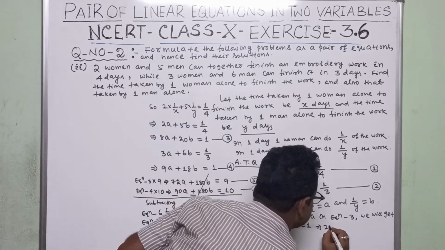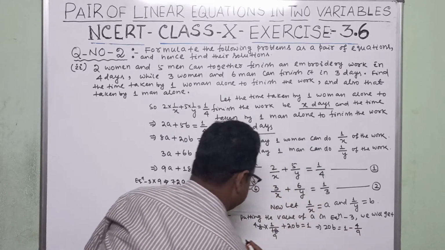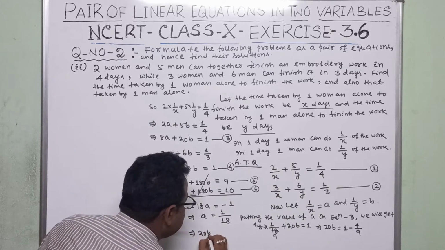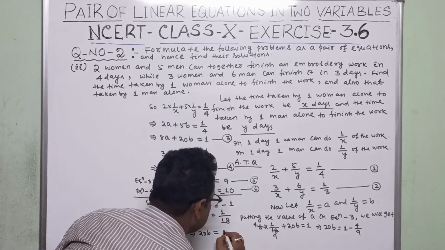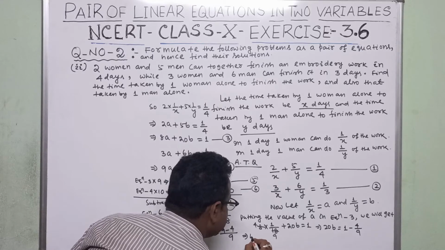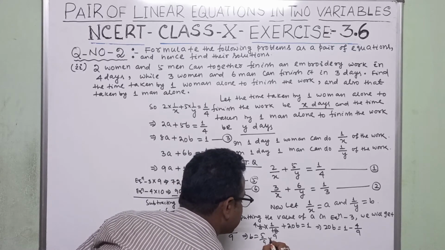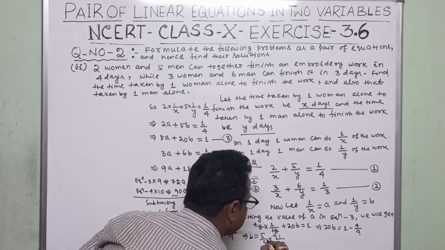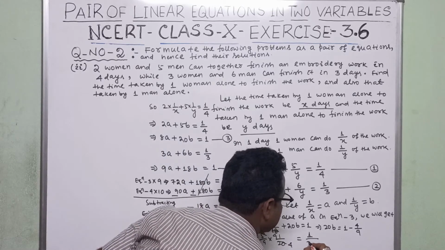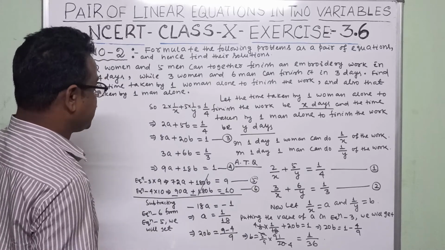That implies 20b is equal to 1 minus 4 by 9. That implies 20b is equal to 9 minus 4 by 9. That implies b is equal to 5 by 9 into 1 by 20, so b is equal to 1 by 36.